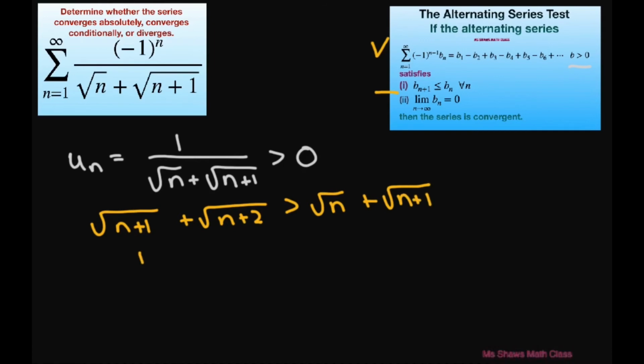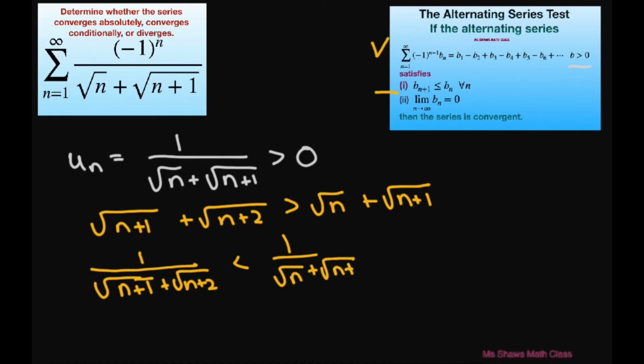Therefore, 1 divided by square root of n plus 1 plus the square root of n plus 2 is going to be less than 1 divided by square root of n plus square root of n plus 1, because this denominator is bigger than this denominator. So that means we have a decreasing series.